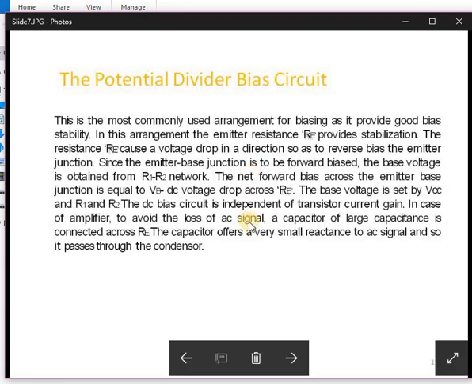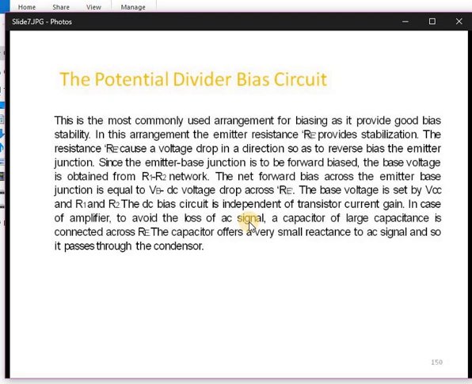So the net forward bias across the emitter-base junction, that is VBE, is equal to VB minus the DC voltage drop across RE.